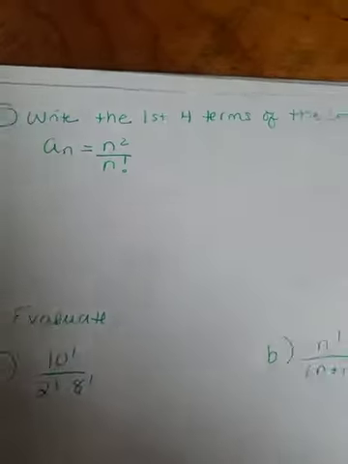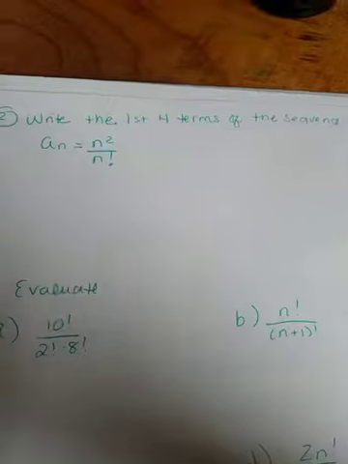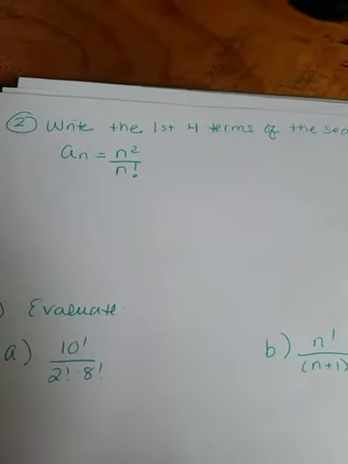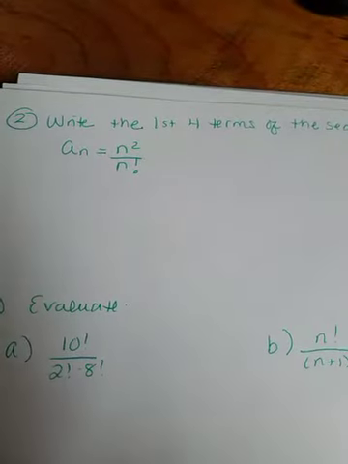So if you had a problem like this, write the first 4 terms of the sequence, a sub n is equal to n squared over n factorial. So you are just doing the first 4 terms. So a sub 1 is going to be 1 squared divided by 1 factorial, which is 1.